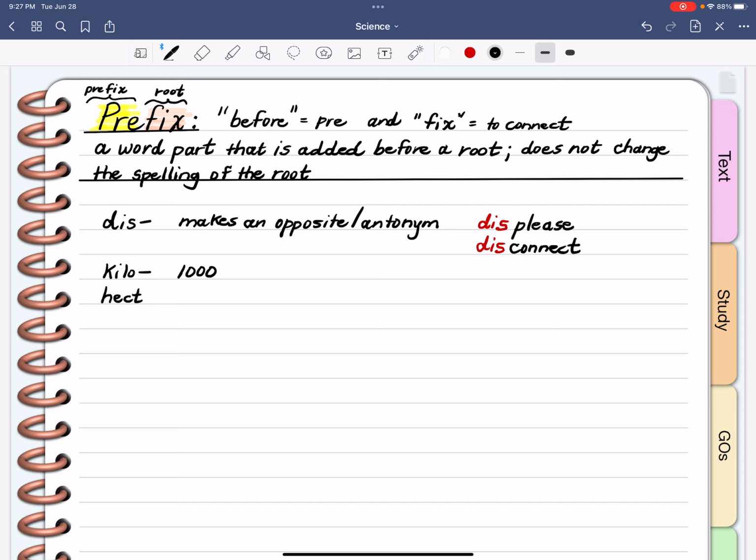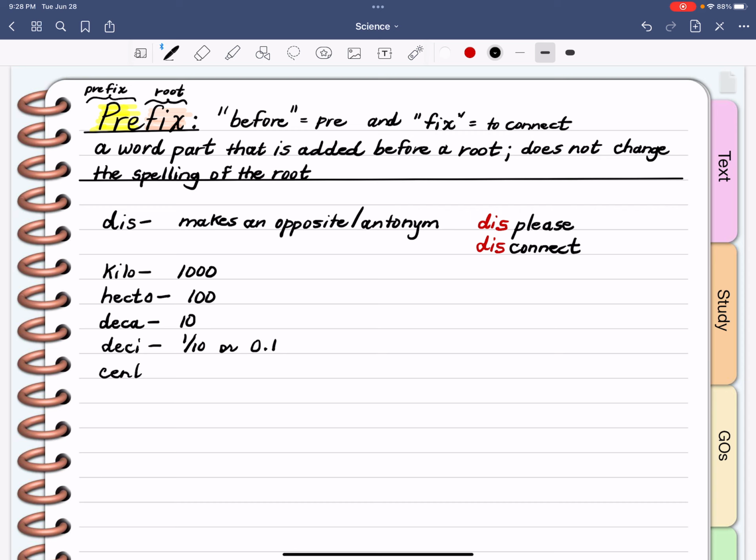Hecto means 100. Deca means 10. Deci means 1/10, or if you write it as a decimal, it's written this way.